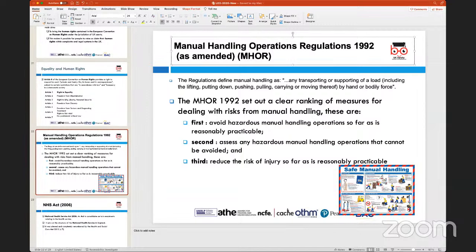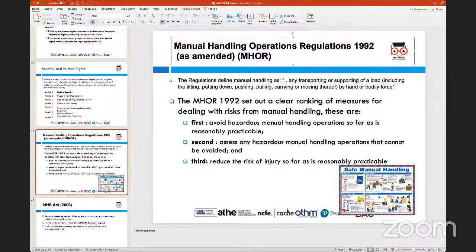In some cases, manual handling could be weight related, moving patients around on stretchers and beds, but in some cases hazardous substances are being taken out as waste, and the handling of those has to be done with a reasonable amount of safety. For this, the Manual Handling Operations Regulations were introduced in 1992.